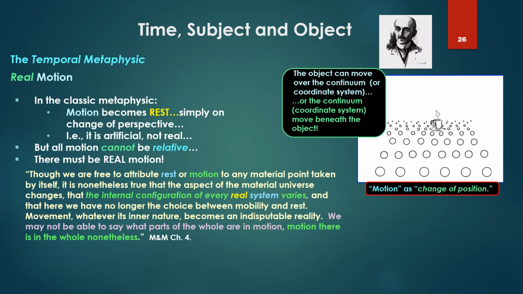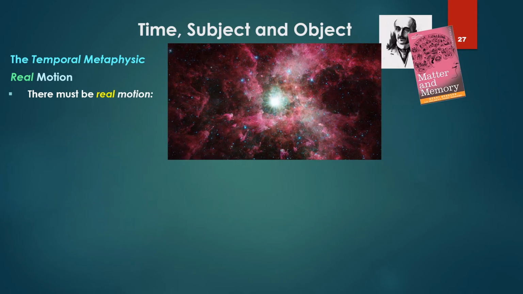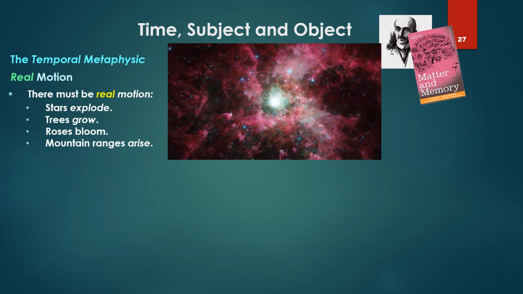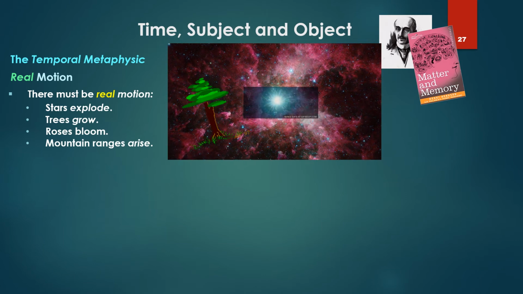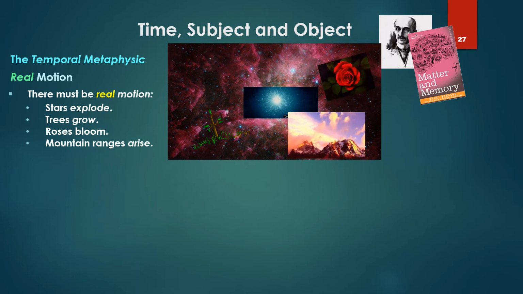Movement, whatever its inner nature, becomes an indisputable reality. We may not be able to say what parts of the whole are in motion. Motion there is in the whole nonetheless." Notice this is in 1896, before relativity. There must be real motion. Stars explode, trees grow, roses bloom, mountain ranges arise.